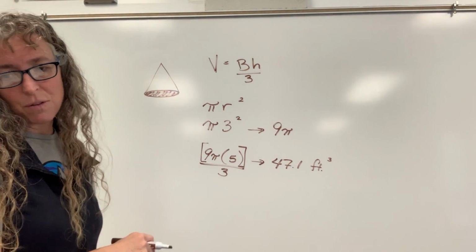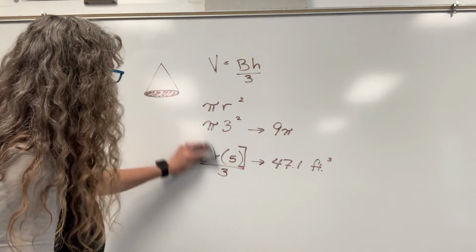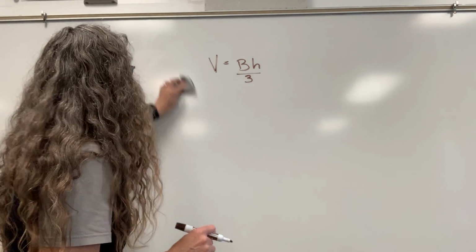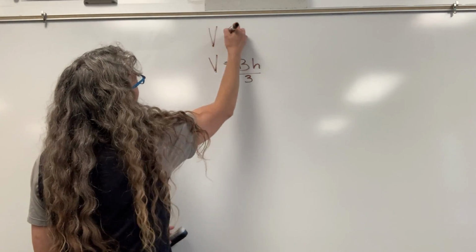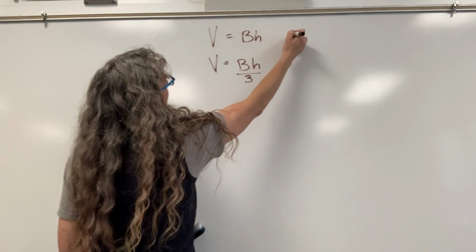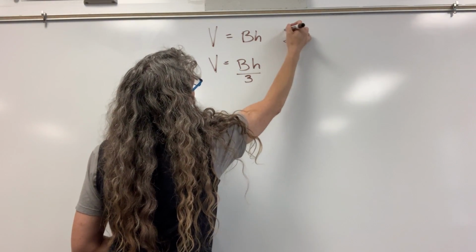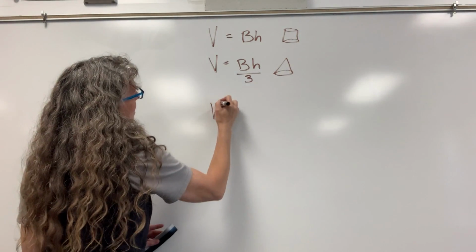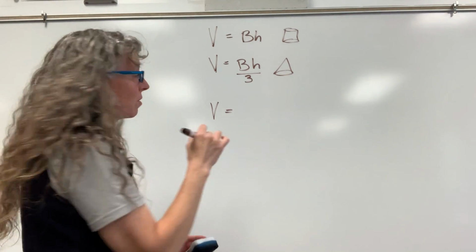And lastly, on page 403 is the volume of a sphere. A sphere is like a ball. So we have a cylinder, which looks like this. We have a cone, and that's its formula. And now we're going to do a sphere, which is 4/3.